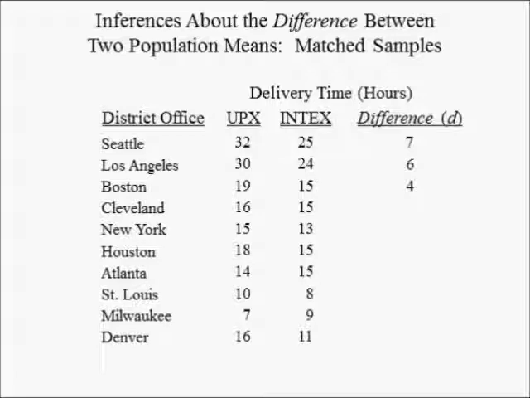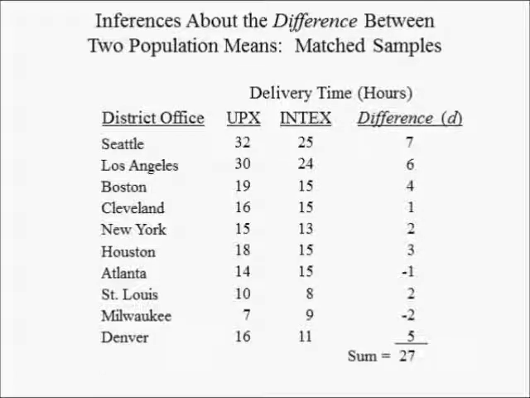This means the Intech delivery time from Chicago to Boston is 4 hours faster than UPX's time. The remaining differences in delivery times range from -2 to 5 hours. The -2 difference suggests that Intech's delivery time from Chicago to Milwaukee is 2 hours slower than UPX's time.